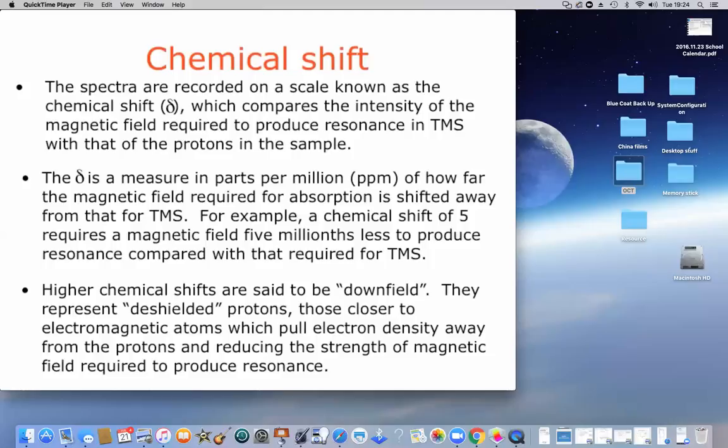Those are protons that are much closer to highly electronegative atoms, which pull the electron density away from the protons, and that reduces the strength of the magnetic field required to get it to resonate. (Typing error on the slide: it should say electronegative.)